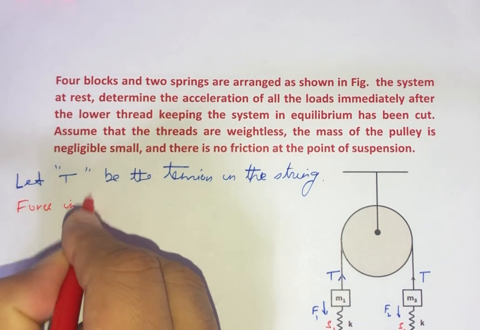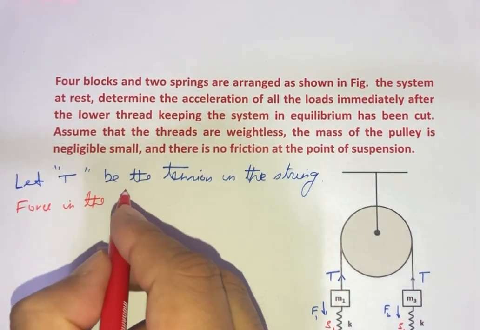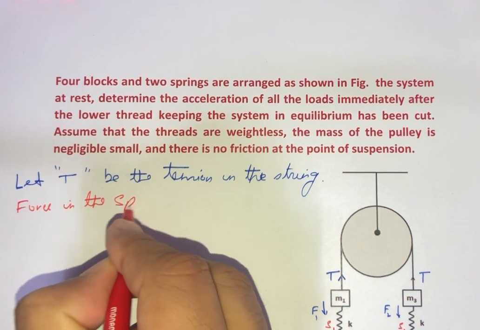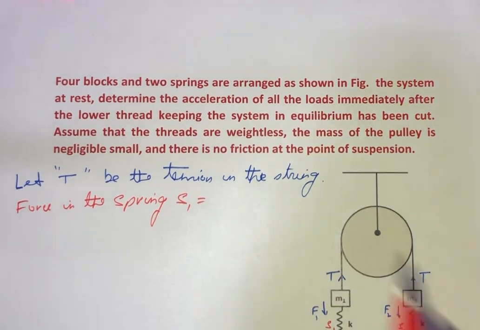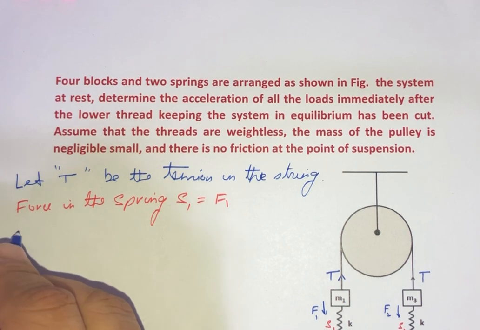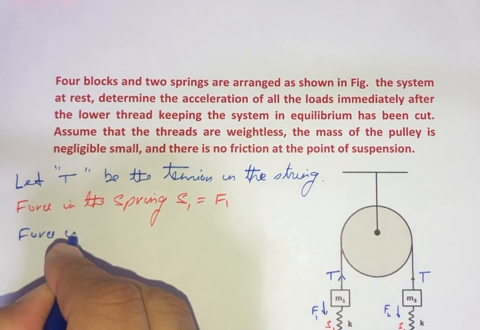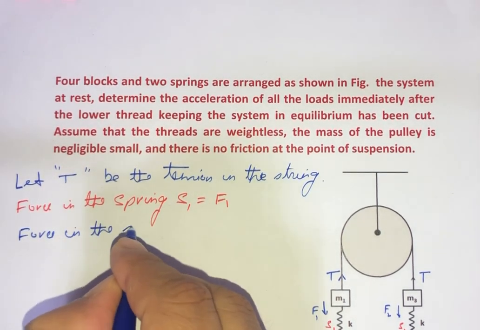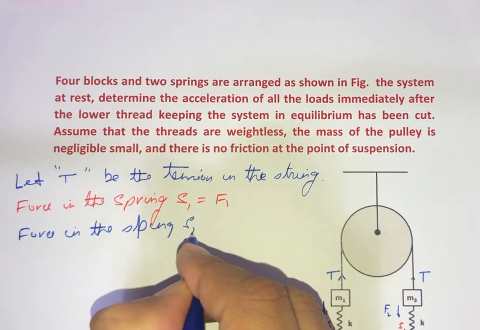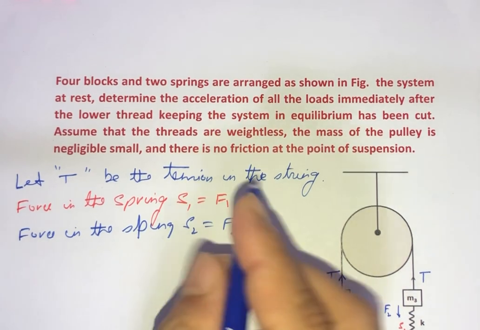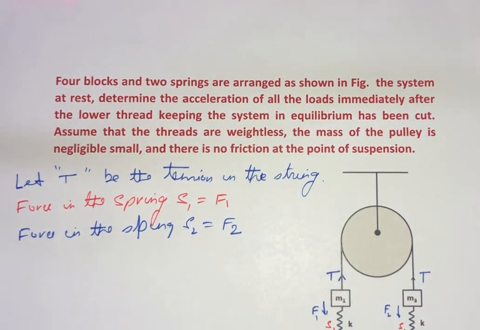The force in spring S1 is F1 and the force in spring S2 is F2. Now it is given that the lower thread is keeping the entire system in equilibrium.